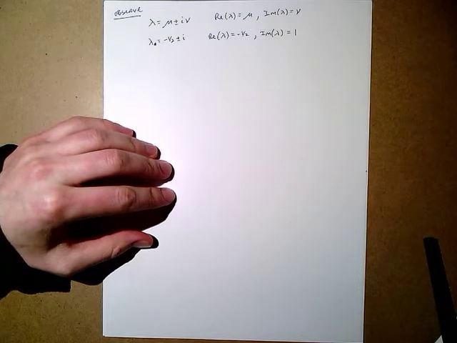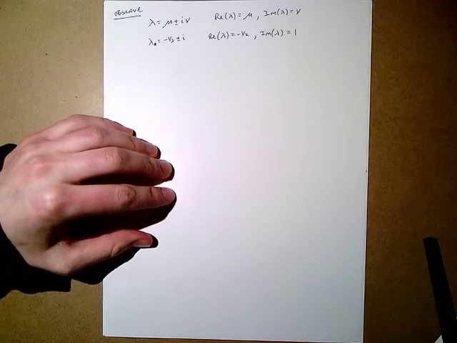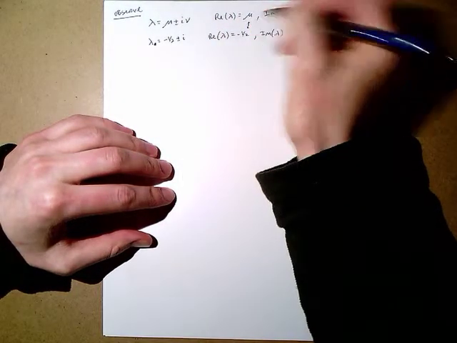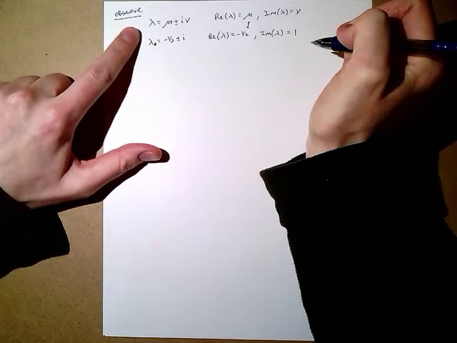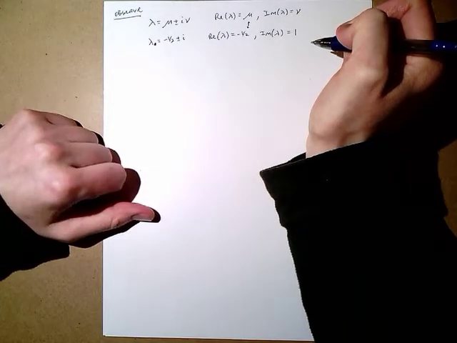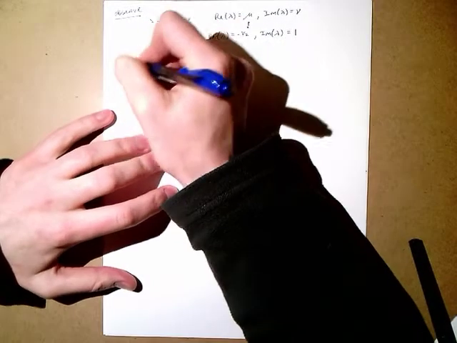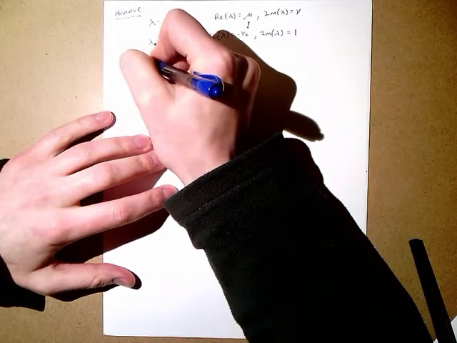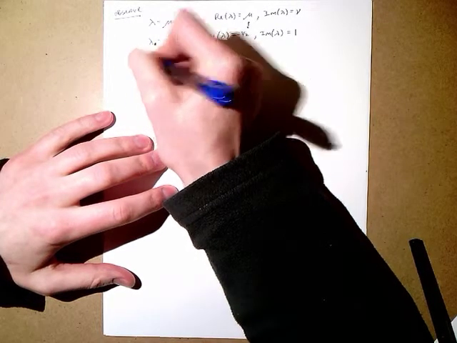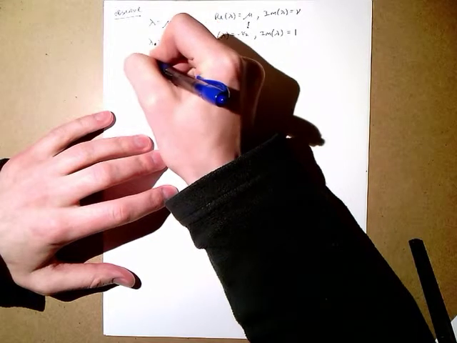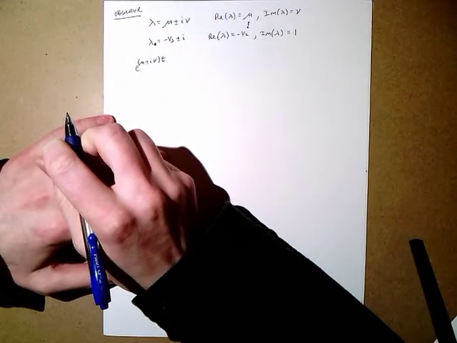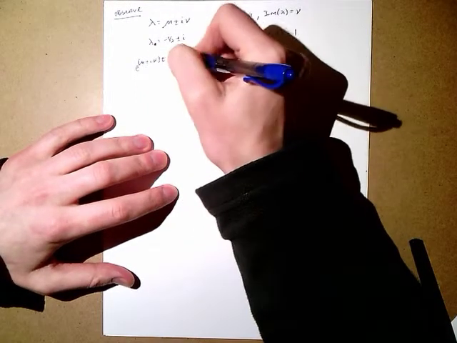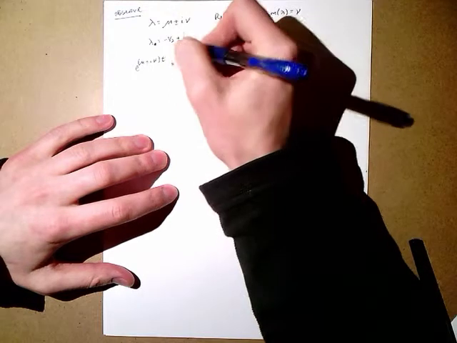So in order to get a spiral sink, it turns out that the mu value, the real component of the eigenvalue, has to be negative, right? And how do I know that? So in general, you're going to have an exponential function with lambda times t. So you have e to the lambda t. And we can break this up into the product of two things.